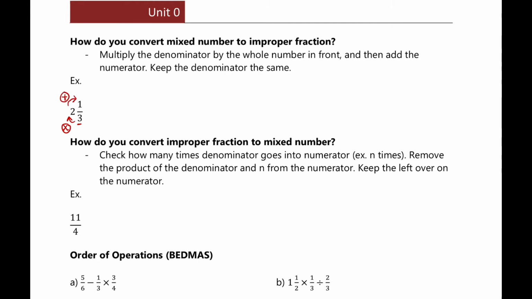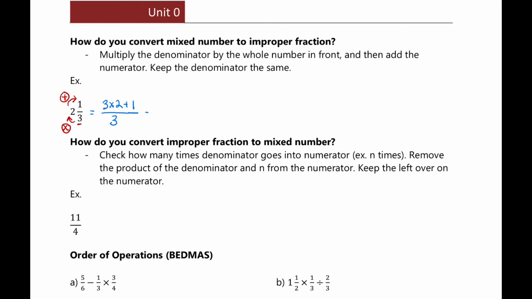So keep the denominator the same. So let's take this and say we keep the denominator 3 first. So you write that first just in case you forget that they're the same. So 3 times 2. And then you're going to add the numerator at the end.